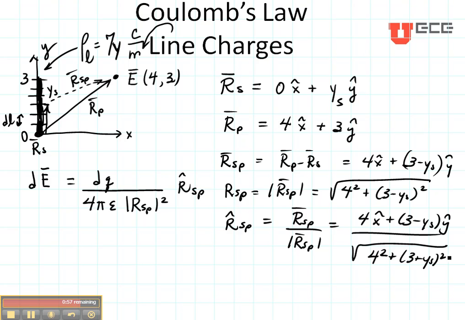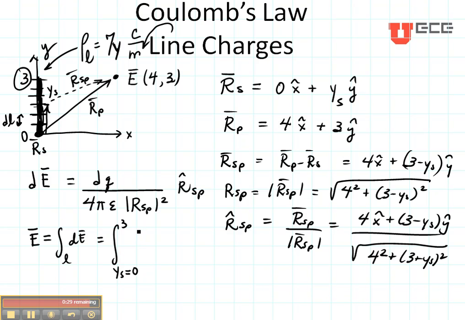The next thing that we're going to do is actually find the electric field by adding up all of these little differential elements of length. The way we do that is we say that the electric field is the integral over the length of dE. So that's equal to a length integral from ys equals 0 to 3, this value 3 right there, of dq.